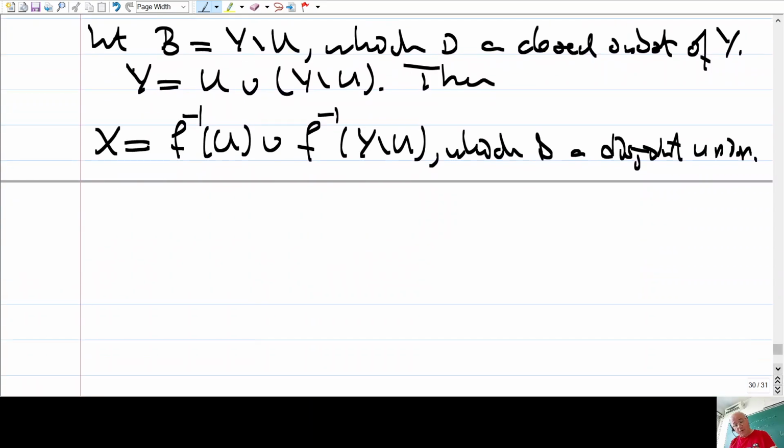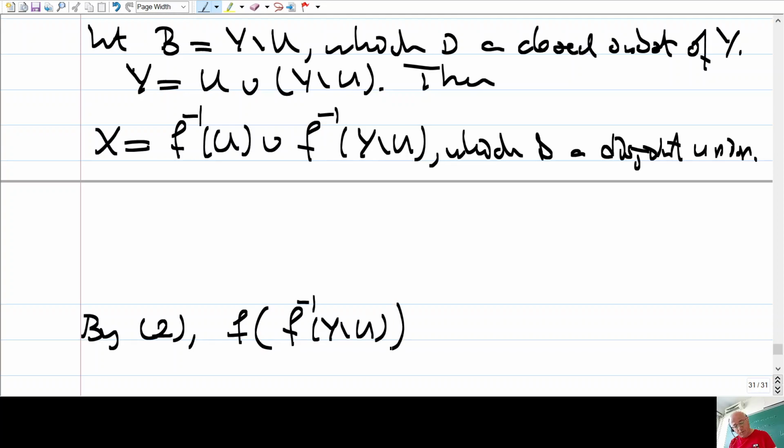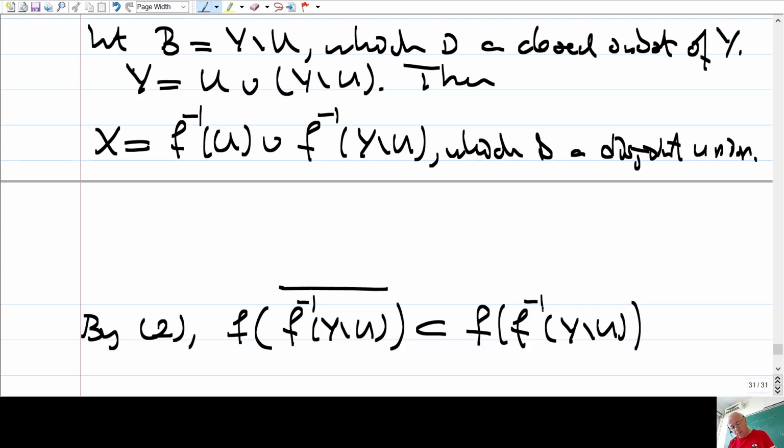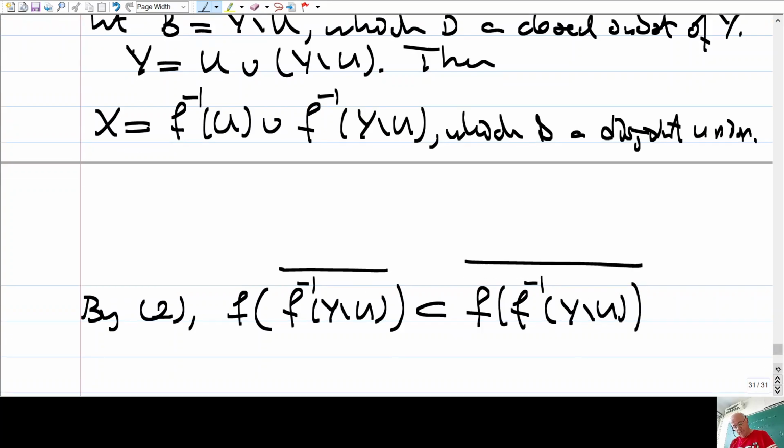And note the following. By condition 2, F of the closure of the inverse image of Y minus U. So I take this subset, take its closure, and look at its image. I know that this is contained in the image of this set, closure.